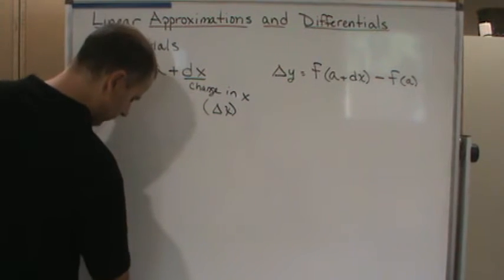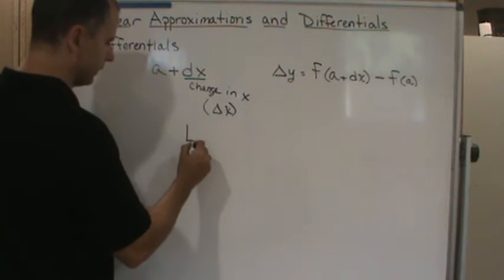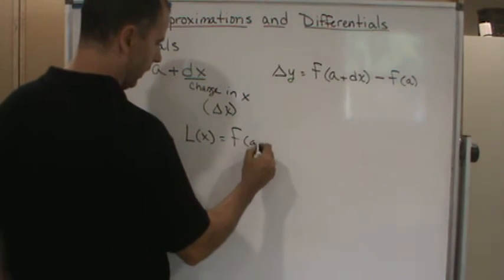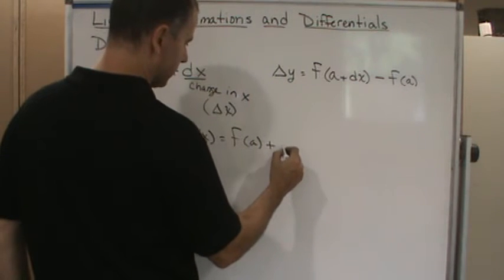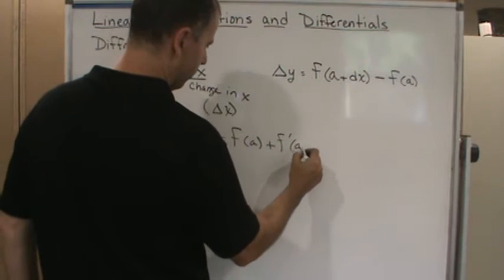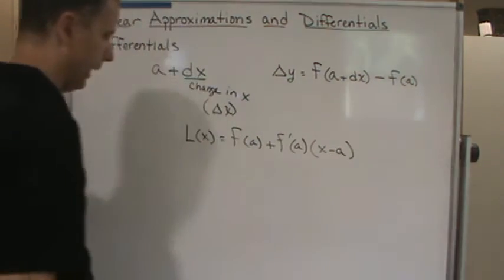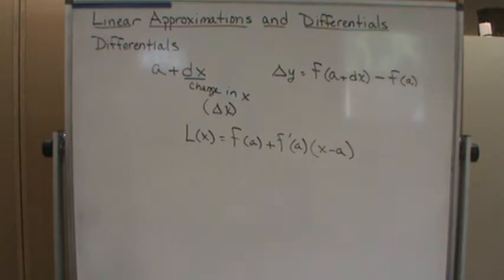L of x is equal to f of a plus f prime of a times x minus a. We saw that before.